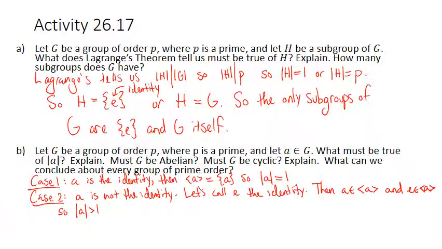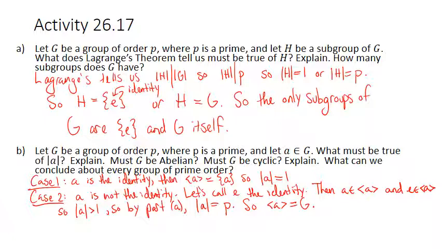And we just found in part A that the order of any subgroup of a group of prime order is either 1 or the prime number P itself. So by part A, the order of A, which is the same as the order of the cyclic subgroup generated by A, would have to be P. What that means is that the cyclic subgroup generated by A, which has order P, has to be all of G. Why?